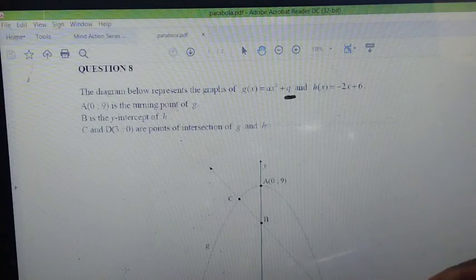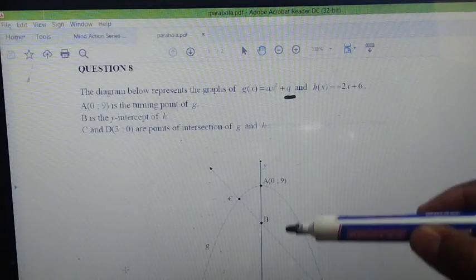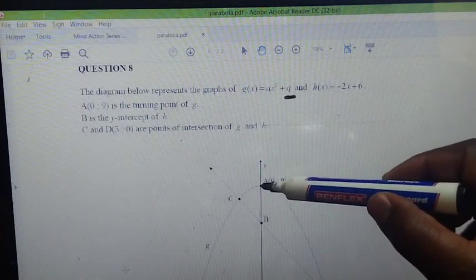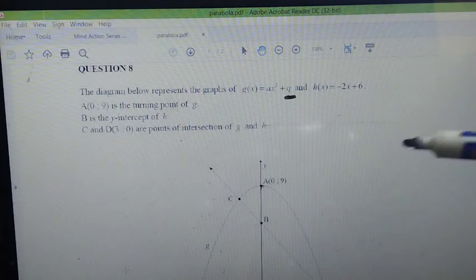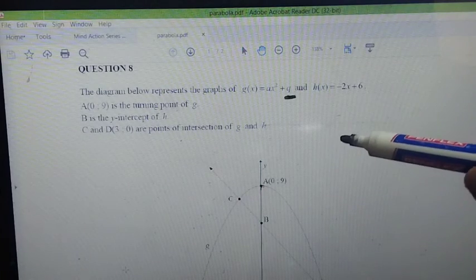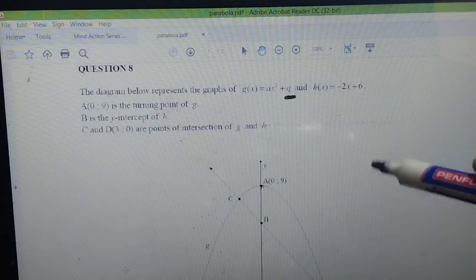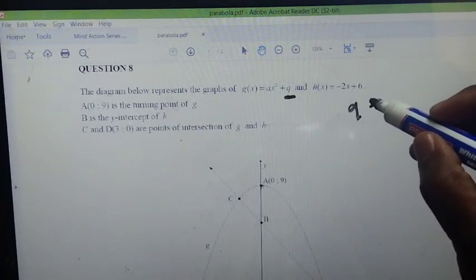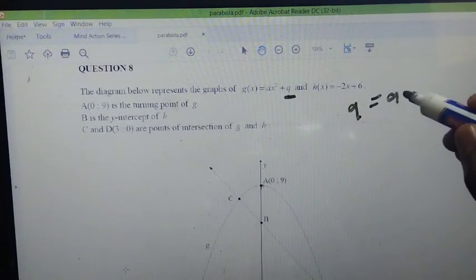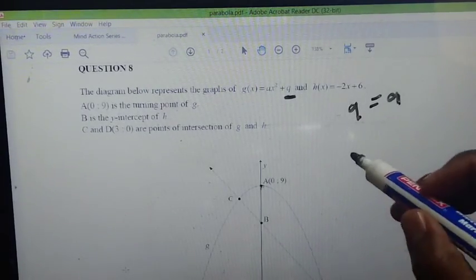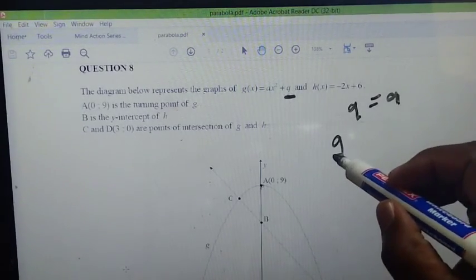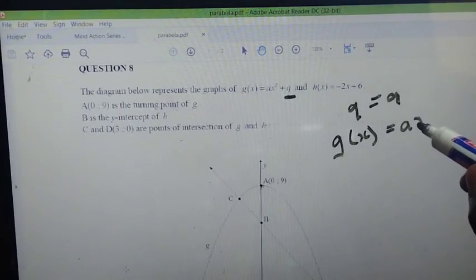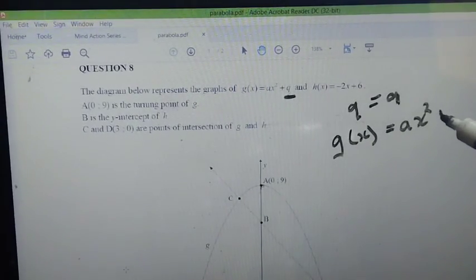So we can see that this graph has been shifted up by 9 units to bring the turning point to A, which is (0, 9). So automatically we begin to notice that our q is equal to 9, which means that our g of x is now equal to ax squared plus 9.